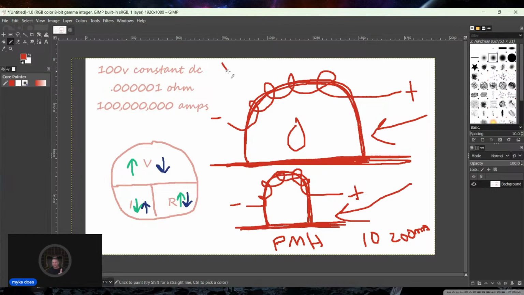So if the coil on the top is the same coil on the bottom, you're not going to have any difference going on here. So the coil on the top has to also be a superconductor.